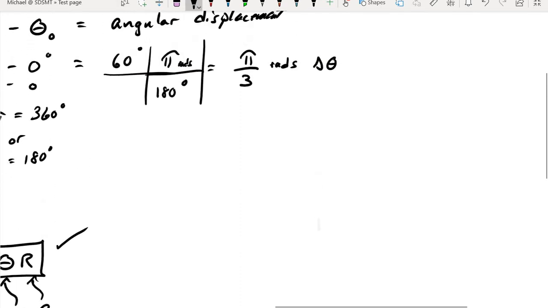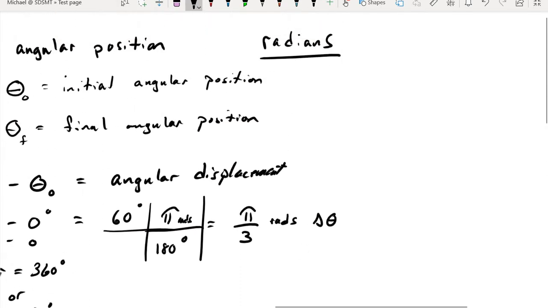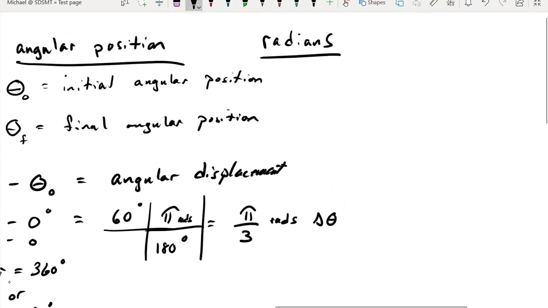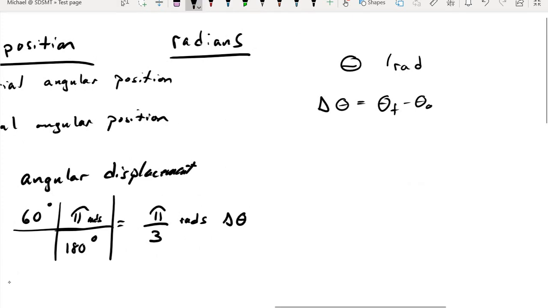Alright, so we have our angular position, which is going to be represented by theta and measured with units of radians. We have angular displacement, which is just a change in angular position.